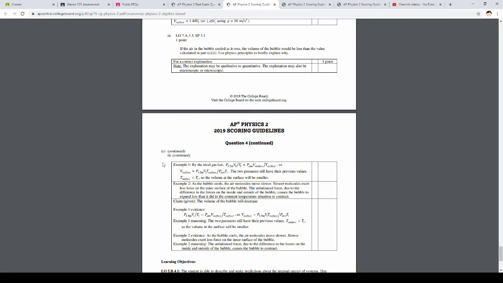I would personally go with the full combined gas law here and simply state that if T surface decreases, then that means the numerator term also would have to decrease. The pressure would not be any different, but the volume would have to decrease. Another example would be, as the bubble cools, the air molecules move slower. Slower molecules exert less force on the inner surface of the bubble, so that's more of your qualitative explanation.